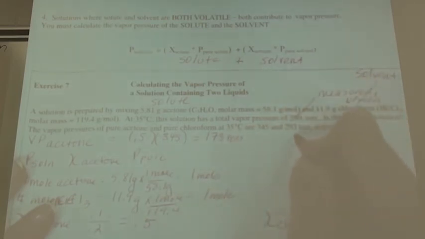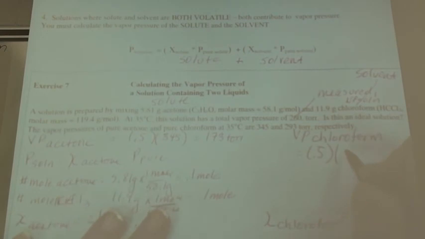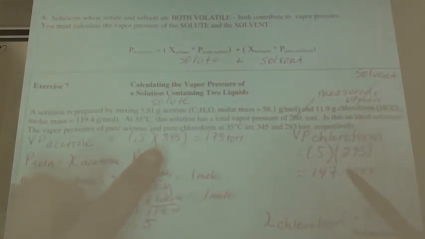And then the vapor pressure of the chloroform is equal to its mole fraction, 0.5, times its pure, which is 293. So that is 147 torr. So together, the vapor pressure of this solution is that.